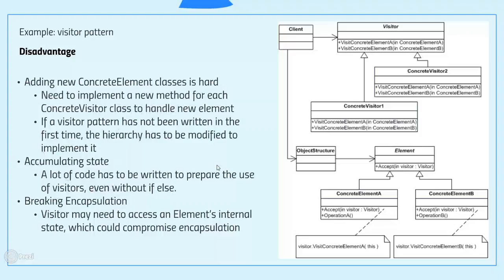Third, it might break encapsulation because a visitor may need to access an element's internal state, which could compromise encapsulation. If you want to visit some element, we have to know some internal information of that element. So this exposure of internal state might be risky.